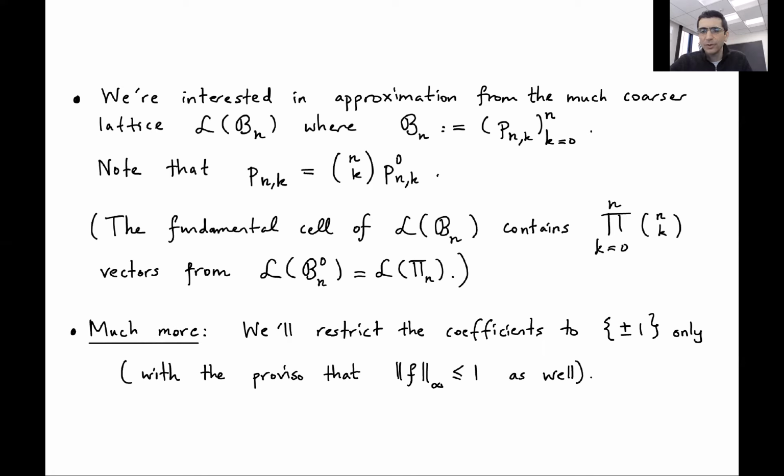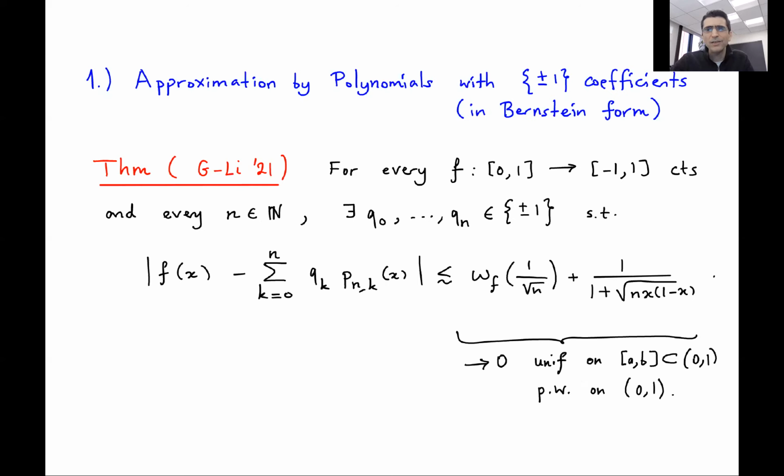For compatibility, if you choose the coefficients to be plus and minus one, it is necessary for approximability that the function is bounded by one as well. This again follows from the fact that you have a partition of unity. So any polynomial in the Bernstein basis with coefficients plus and minus one generates a polynomial which is bounded by one in absolute value.